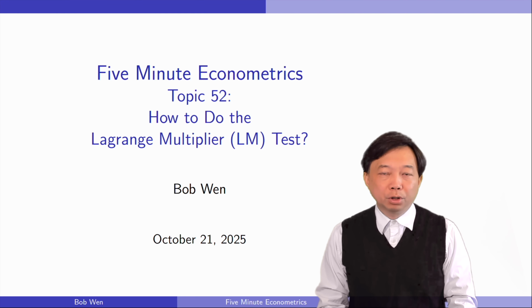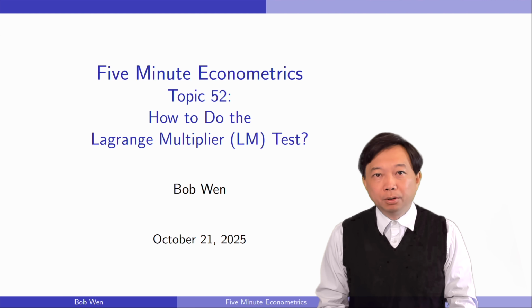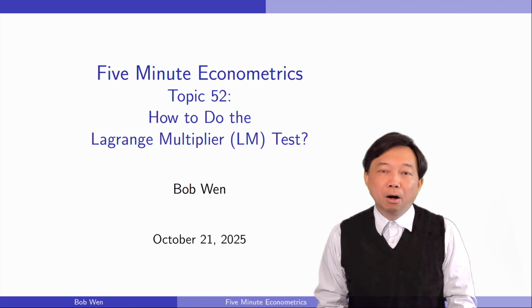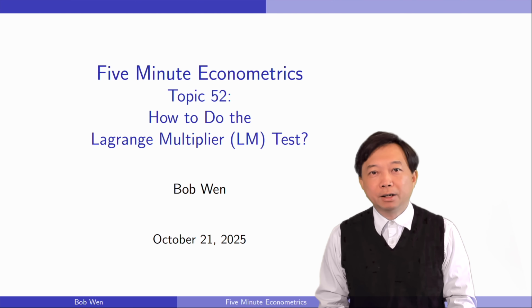The difference between the LM test and the f-test is that in the f-test, we estimate the unrestricted model and the restricted model. By contrast, in the LM test, we estimate the restricted model and the auxiliary model. We will compare them with an example later.